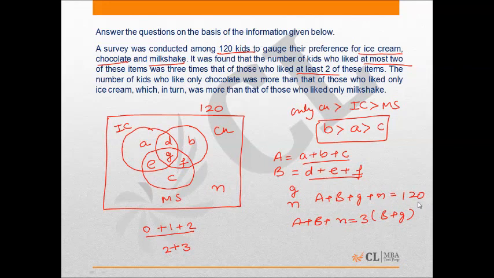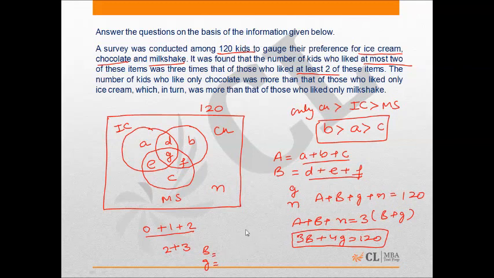Now from equation 1 and 2, I will get 3B plus 4G is equal to 120, right? This is a linear equation in two variables. I could easily solve this equation and get the possible values of B and G, right? And B and G have to be integers because these are the number of kids, right?